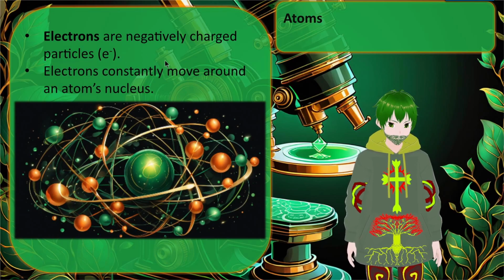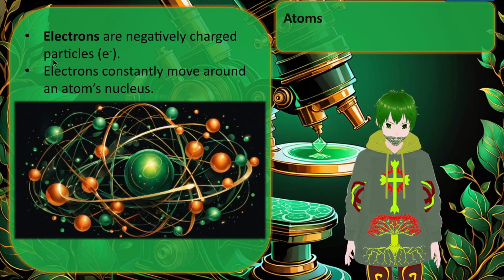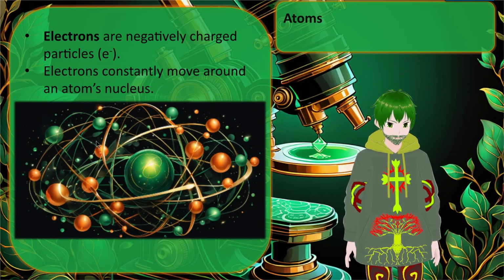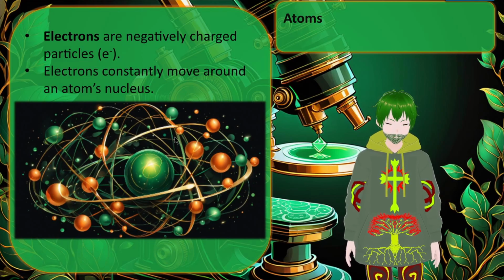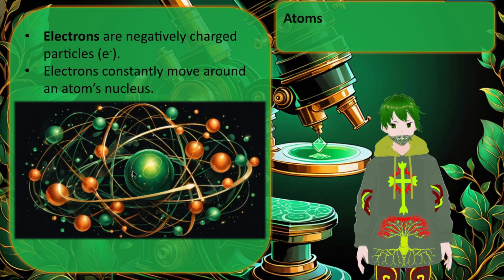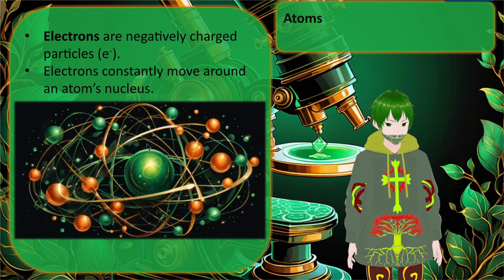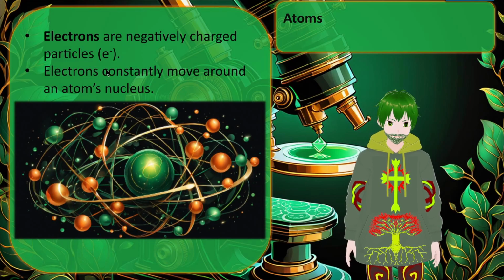It's a very small mass, but they have almost no mass compared to a proton or a neutron. And that enables them to move at very fast speeds in orbitals, which are just paths, or some are spherical and some are dumbbell shaped and some have just inexplicable shapes, but it's patterns that they move around an atom.